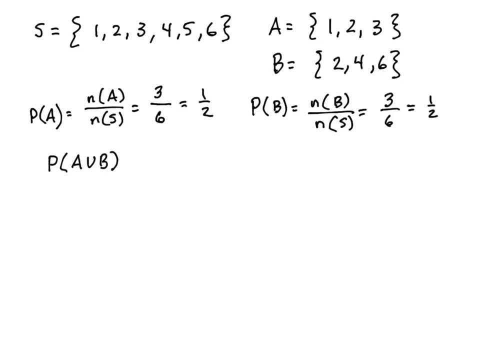The union of A and B, remember, is an or, either or. So the probability that we're looking for is, what's the probability that we get a small number or we get an even number?